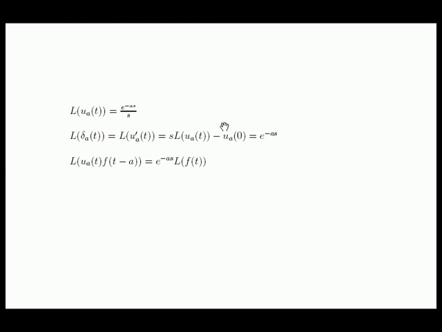So the s's cancel, and you just get e to the minus as. So the Laplace transform of delta sub a is just e to the minus as. So that's where that formula comes from in the Laplace transform table.